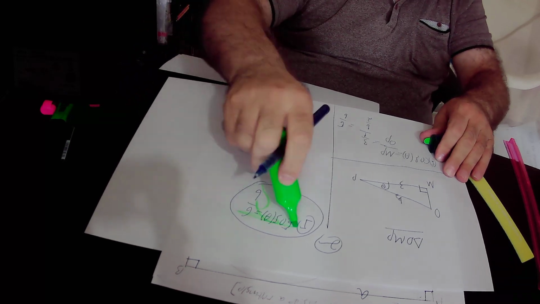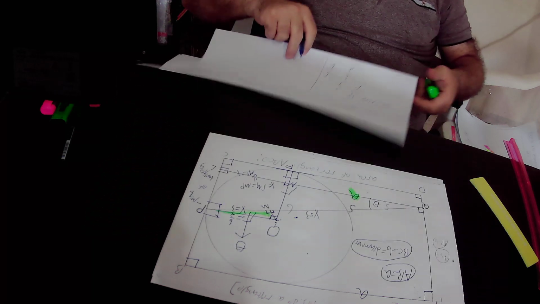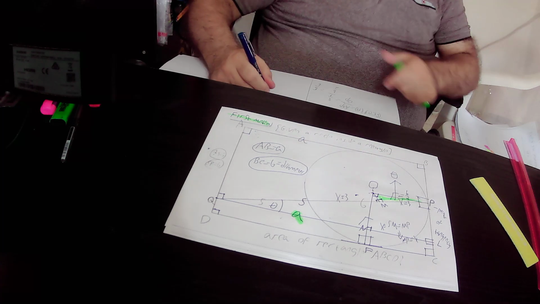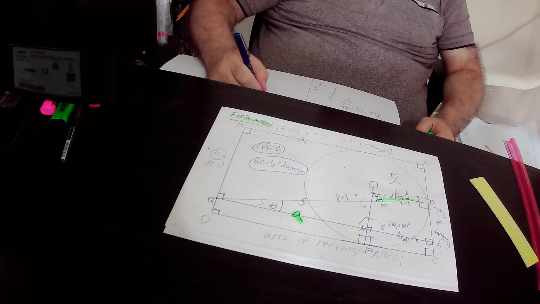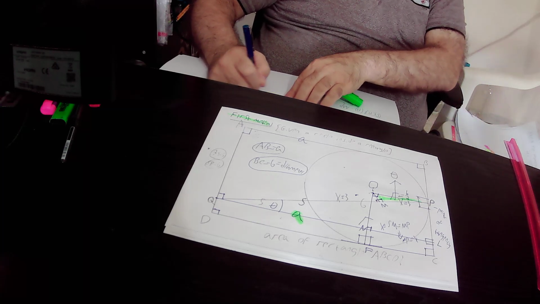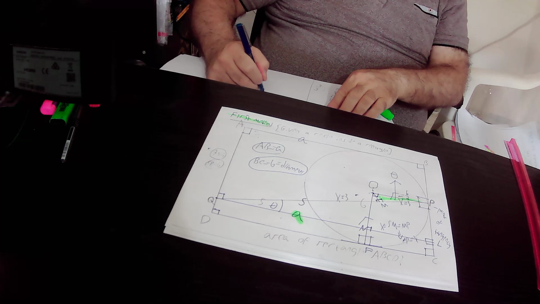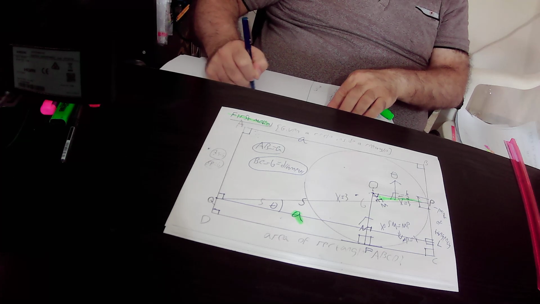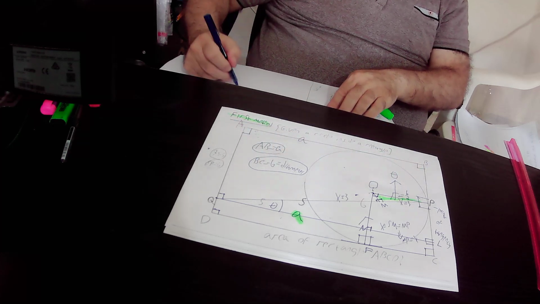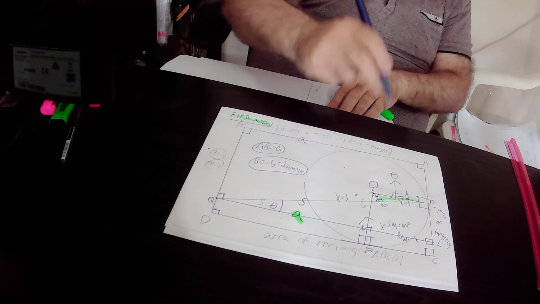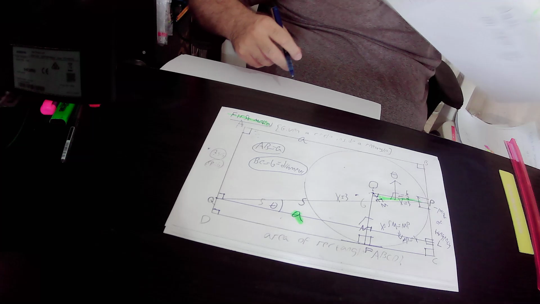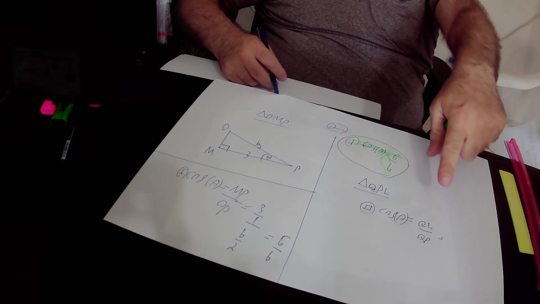In the next step, we'll focus on the right big triangle QPL. In the right big triangle QPL, what is the value of cosine theta? Cosine theta in the right triangle QPL is equal to QL over QP.